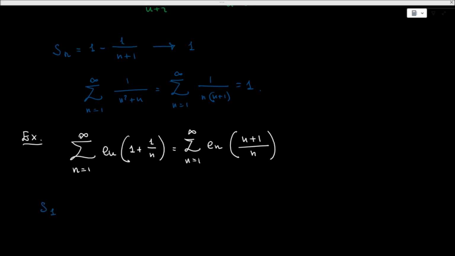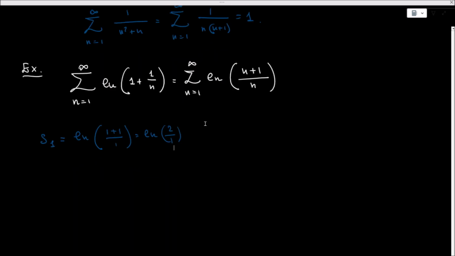If we evaluate S1, we have the logarithm of just the first term, right? So 1 plus 1. Or if you like, we can rewrite this by just using the second expression. We have 1 plus 1 divided by 1. So this is just the logarithm of 2 divided by 1.